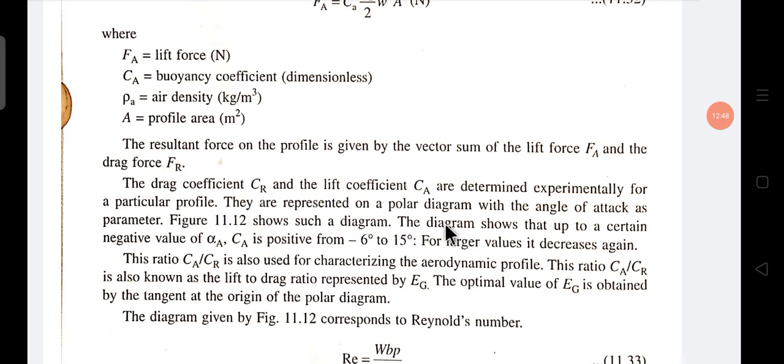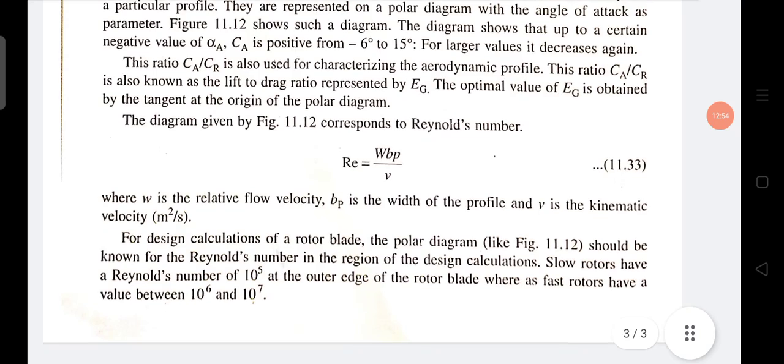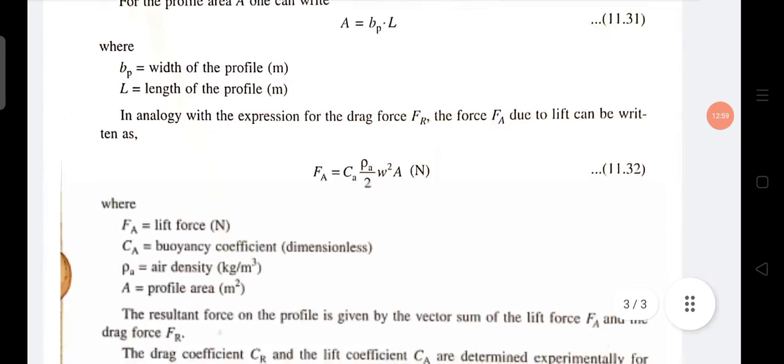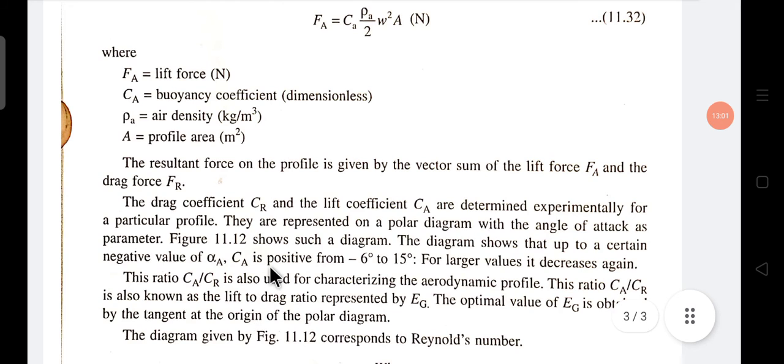The diagram shows that up to a certain negative value of alpha a, Ca is positive, from negative 0 degree to plus 15 degree. For larger values it decreases again.